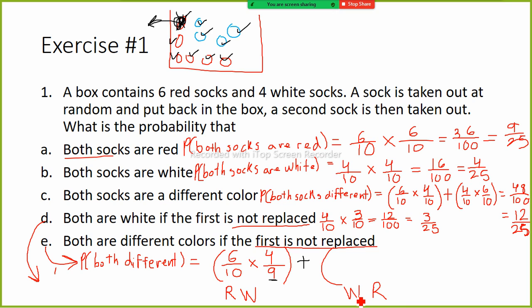So what's the probability of choosing a white one, Sierra? 4 to 10. Very good. Now, Deja, what's the probability of choosing a red one?